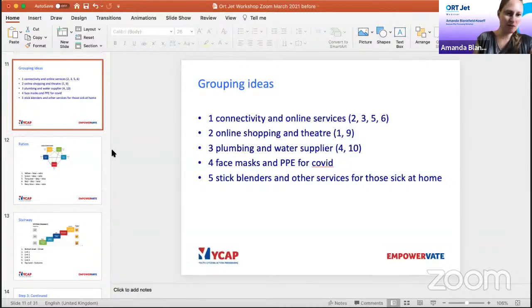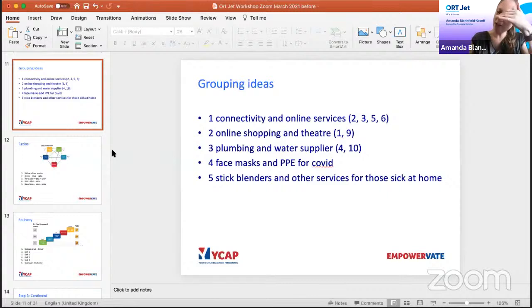Let's have a look. 3s, 1, 2, 3, 4, and 4s, 1, 2, 3, 4, 5. Okay, I think we need a tiebreaker between 4 and 3. Plumbing versus face masks. 3. Okay, plumbing beat face masks.